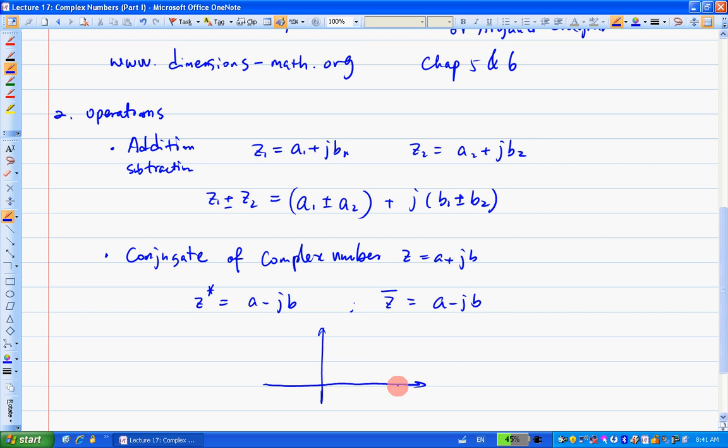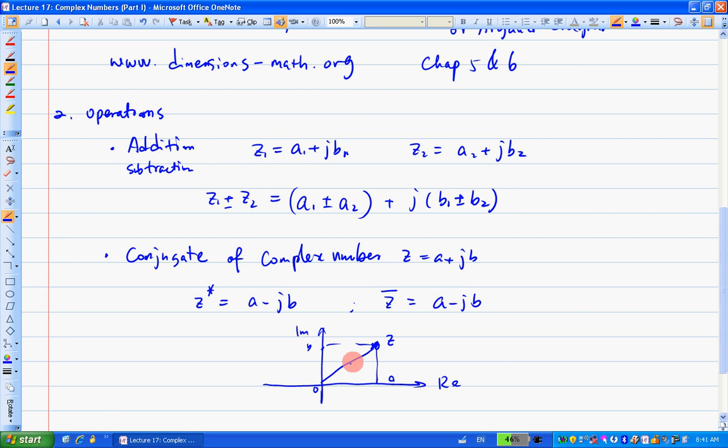So what does it look like on a complex plane, between this original complex number and the conjugate of this complex number? Okay. The original one is here. So I'm going to connect the origin to that point.